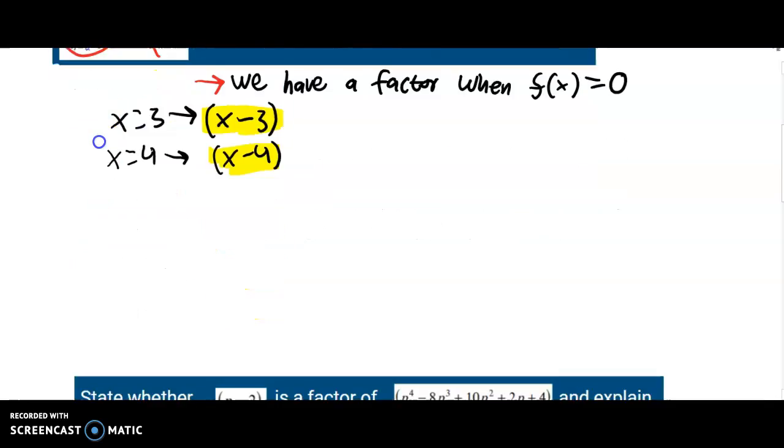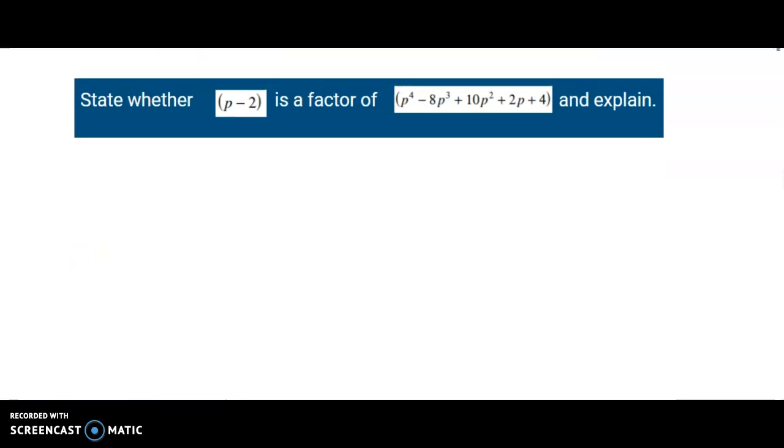Okay, great. Let's move on to our next type of example. Make sure you pause and write the original problem. This one wants us to state whether p minus 2 is a factor. To do that, we are going to have to plug in positive 2.